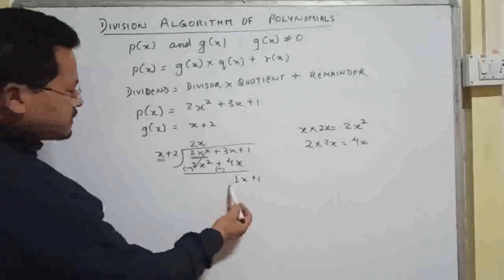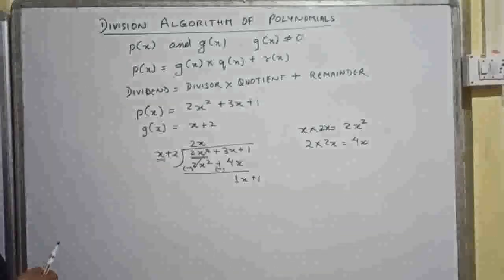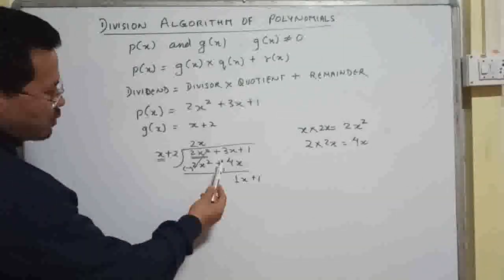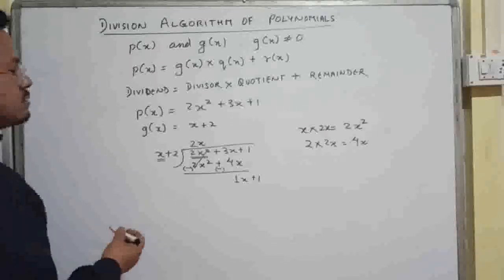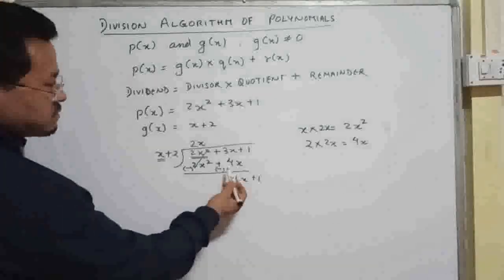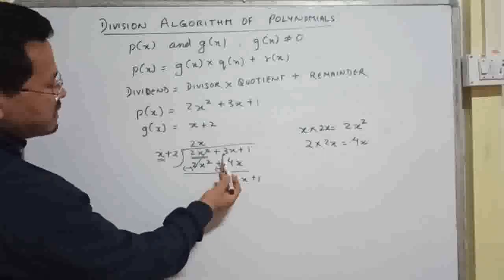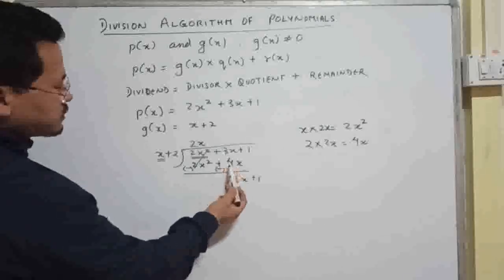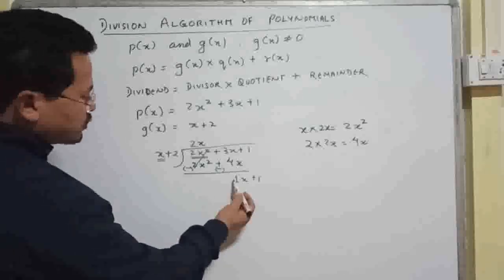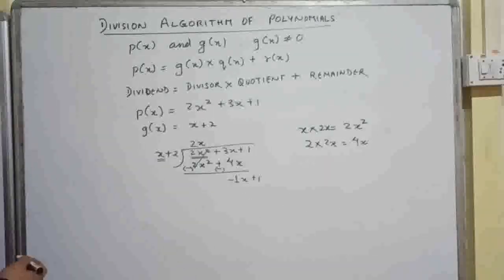But if we just do this, there is a mistake here. Whenever we are subtracting numbers, we always need to take the sign of the greater number. In this case 3 is the smaller number, 4 is larger than 3. So 4 has a negative sign, so we take the negative sign here.